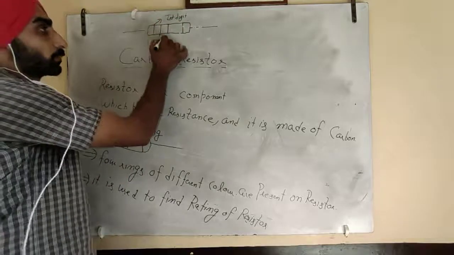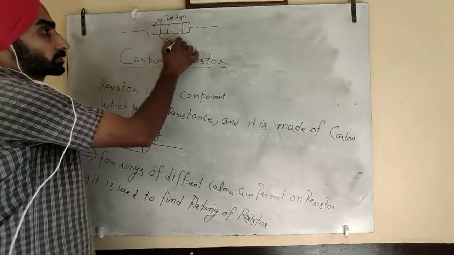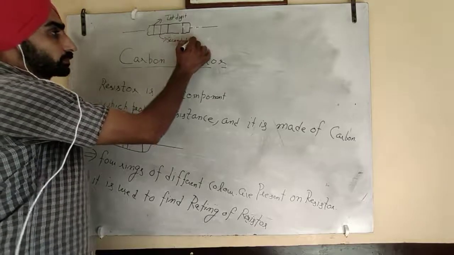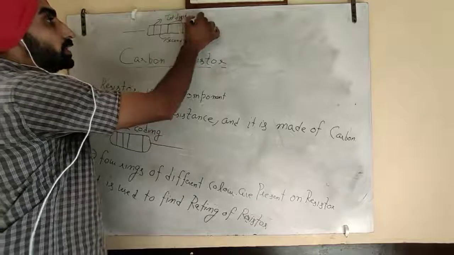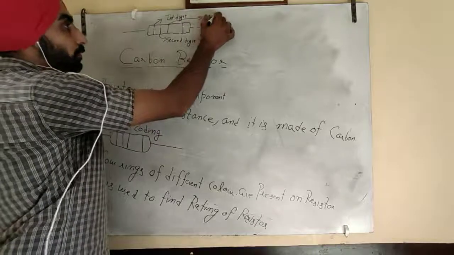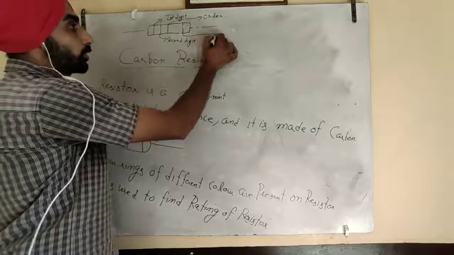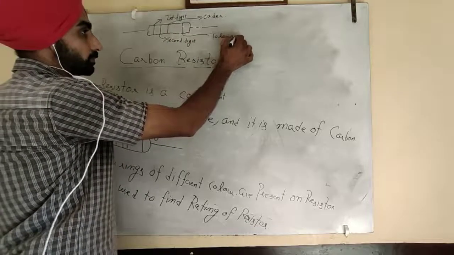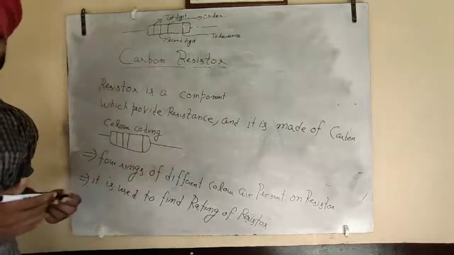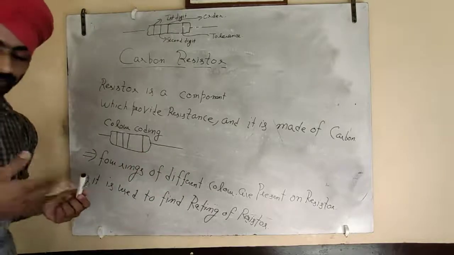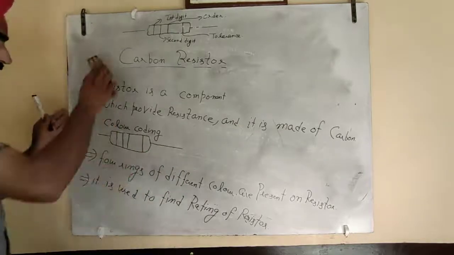This second color will provide the second digit of the rating, and the third will provide the order. I will give you an example. And the fourth color will provide you the tolerance. What is this tolerance? I will explain to you.